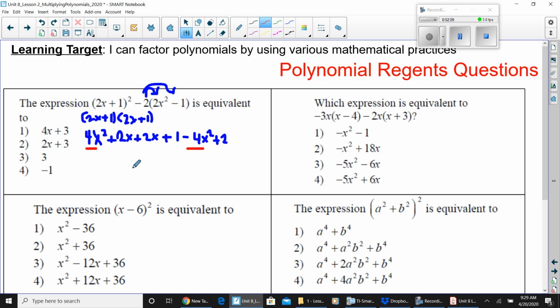So I have the highest exponent right there, and they cancel out. And then I have a positive 2x and a positive 2x. I have 4x. And I'm going to cancel those out. And then there's a 1 and a 2. That's plus 3.